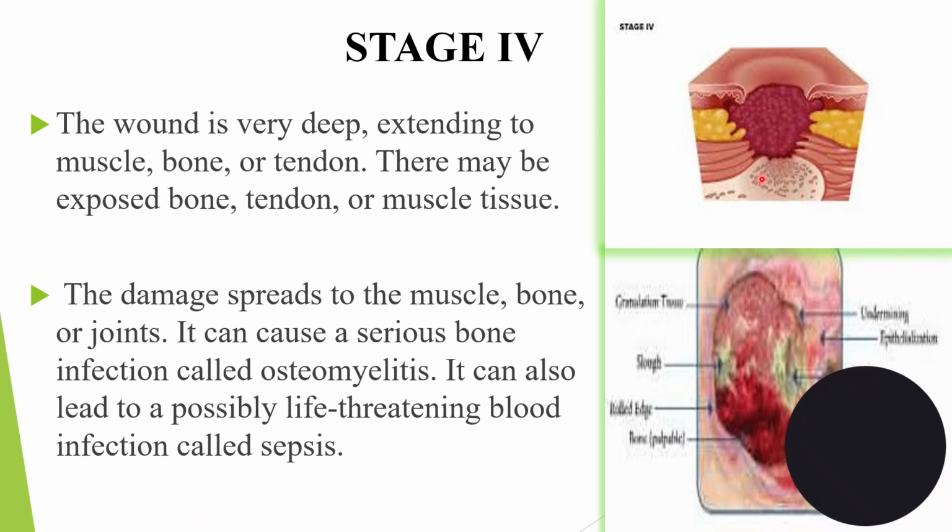It leads to bloodstream infection and sepsis, which we have seen in the pathophysiology itself. Stage 3 and stage 4 carry a high risk of sepsis. Understand? Here the wound is deeper, extending to the muscle, bone and tendon.